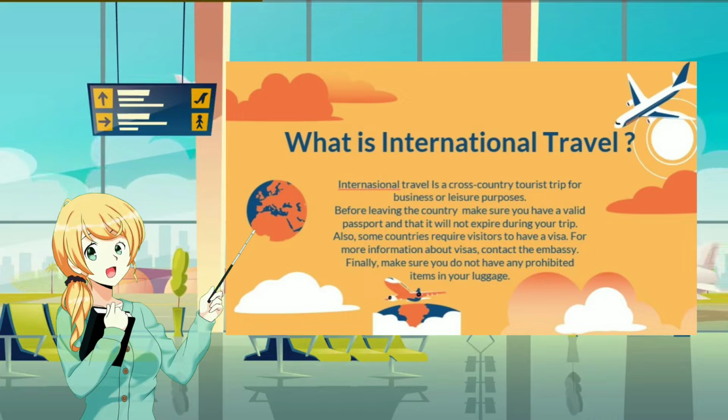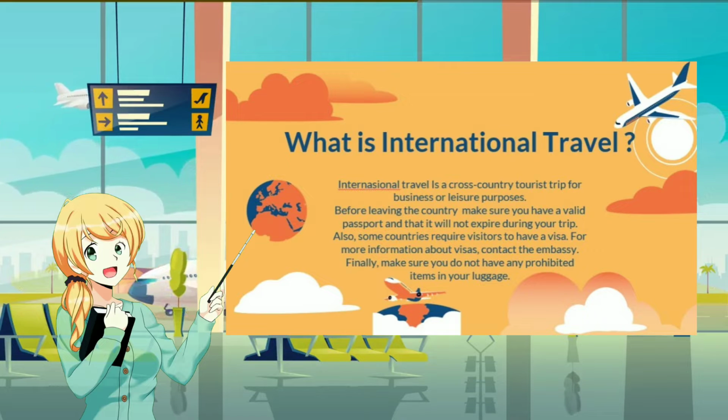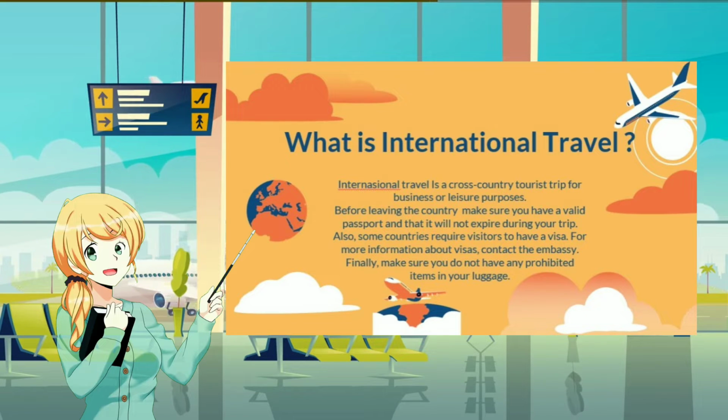Also, some countries require visitors to have a visa. For more information about visas, contact the embassy. Finally, make sure you do not have any prohibited items in your luggage.